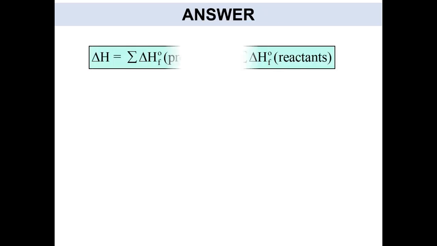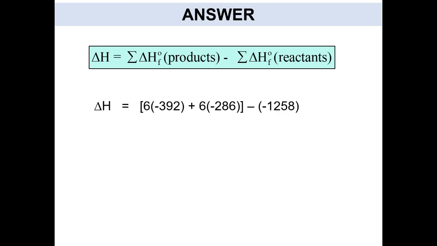Okay, solution. By using the formula delta H equals sum of delta H naught formation of products minus sum of delta H naught formation of reactants. Products we have carbon dioxide and H2O. Reactants we have glucose.